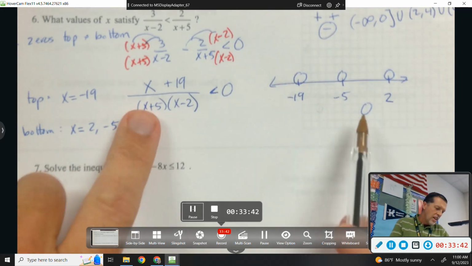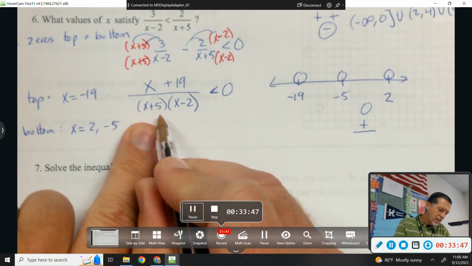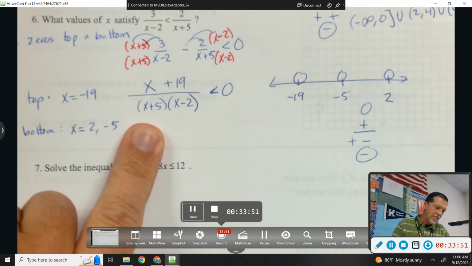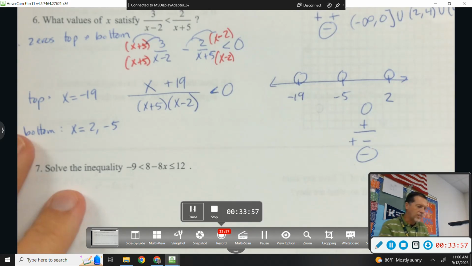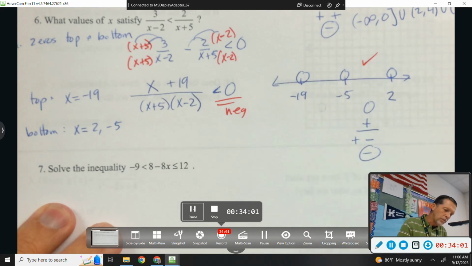All right, plug in 0. I get positive over positive times negative. So that's negative. Is that good or bad? Like, do I want to shade for this one when it's negative? Yes, because I want to be negative. So yes, we will shade there.